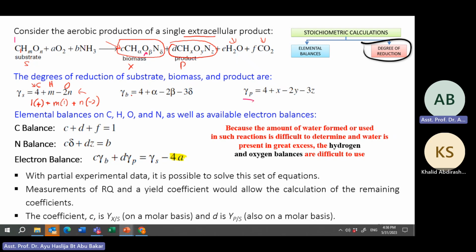So in calculating the degree of reduction, the mole of biomass produced can be ignored. So here, this is the carbon, hydrogen, oxygen, and nitrogen. Same goes for the product, where it involves C, H, O, and N.